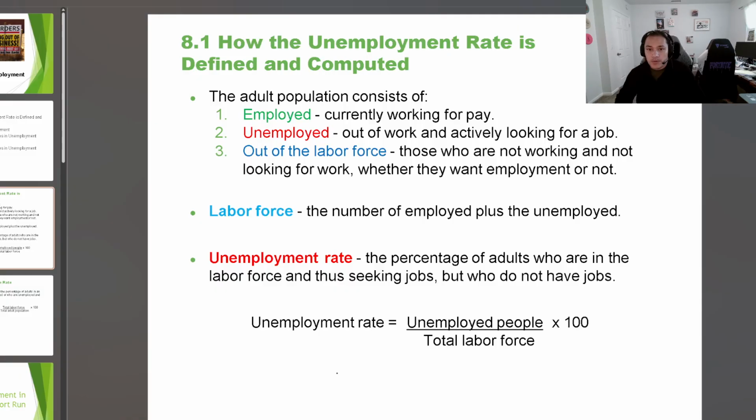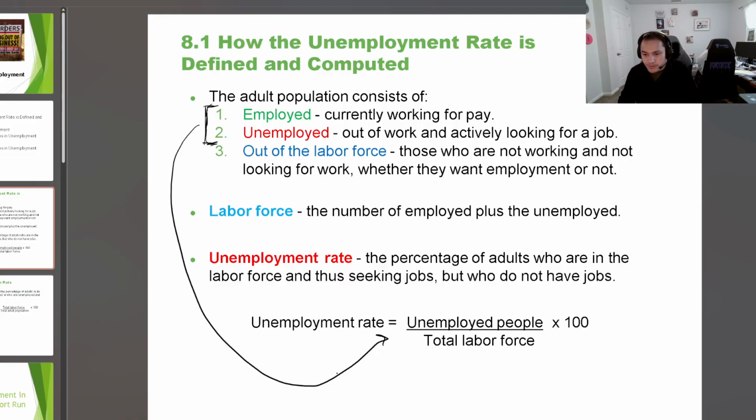But when we're calculating the unemployment rate, we need to focus on these first two. So put a hard line here. The first two are the categories that go into this calculation. If we look at our formula, we take our unemployed individuals, those are people in category 2.